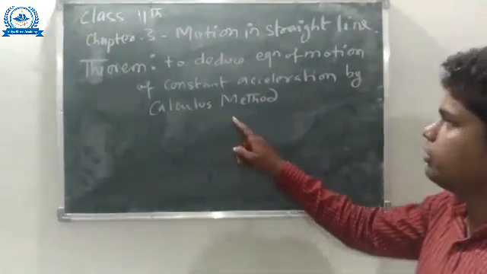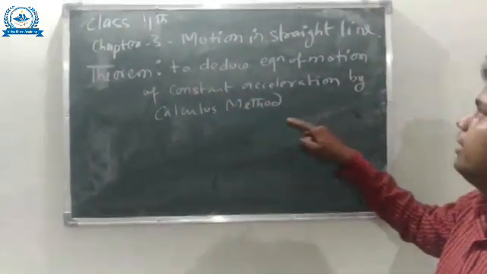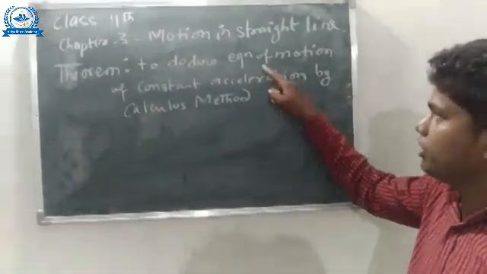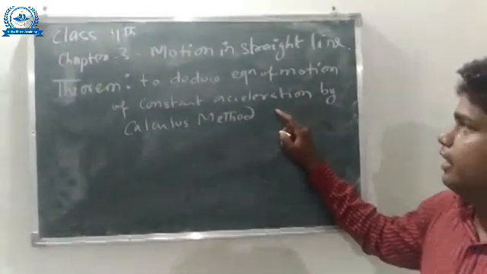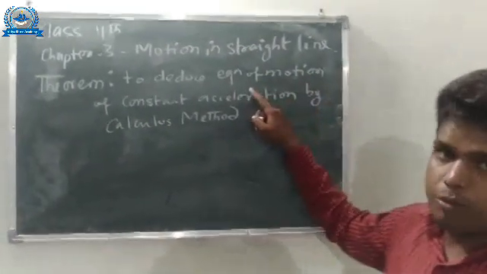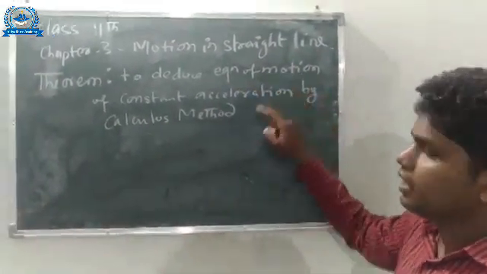So this is the name of the theorem where we will mainly evaluate how to solve the equations of motion. We will see the proof of the equations of motion.